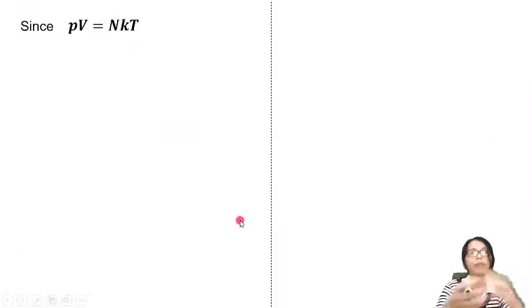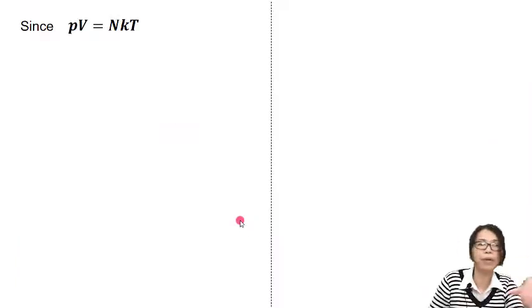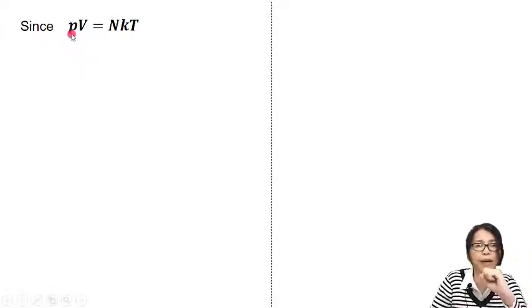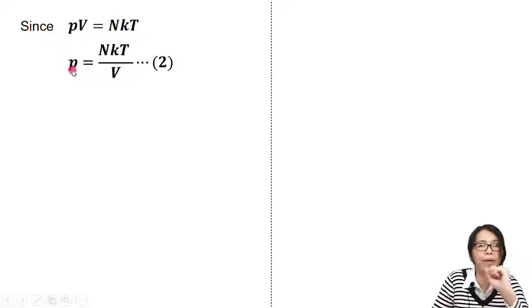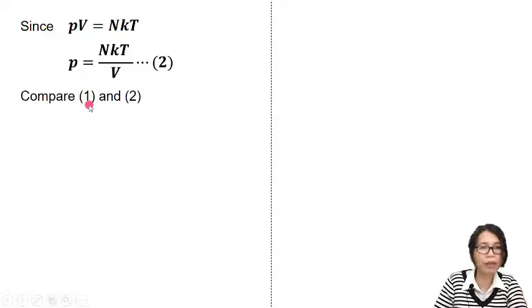Then class, if you recall the ideal gas equation, we have PV equal to NkT. So I rearrange the ideal gas equation and I will have pressure is NkT over V. I denote it as the second equation. So I compare my equation 1 just now with this second equation.